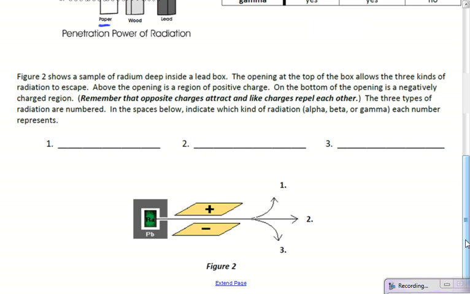And you have your 3 different types of radiation, alpha, beta, and gamma. Think about what charges those have. Think about if they would be pulled towards one side or the other, or would they be able to go straight through with no effect like we see here on number 2. So you'll just need to identify each one of these as either alpha, beta, or gamma, depending on how it's being pulled. And you don't have to answer them over here. You will answer them in the 3 blanks that are provided.